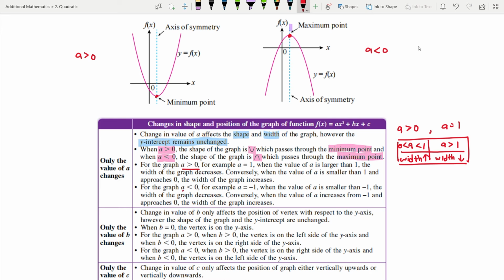For the graph a is less than 0, for example a equal to -1, when the value of a is smaller than -1, the width of the graph decreases. Conversely, when the value of a increases from -1 and approaches 0, the width of the graph increases.